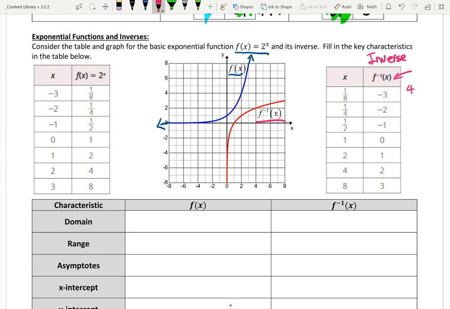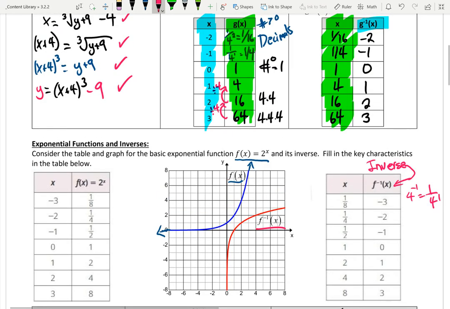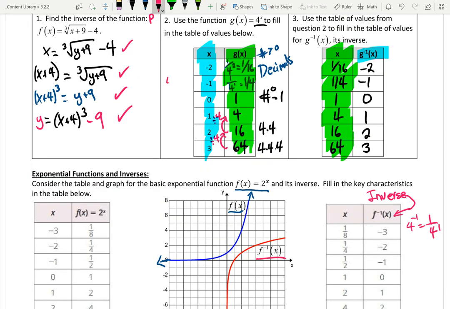For example, if I had 4 to the negative first, this is going to be 1 over 4 to the 1. This notation is a little different when it's next to a function rather than in our warm-up. When we did 4 to the negative 1 and 4 to the negative 2, they were talking about the inverse in a way. We define it more as reciprocal, so it's not exactly the same wording, but I just wanted to point it out.